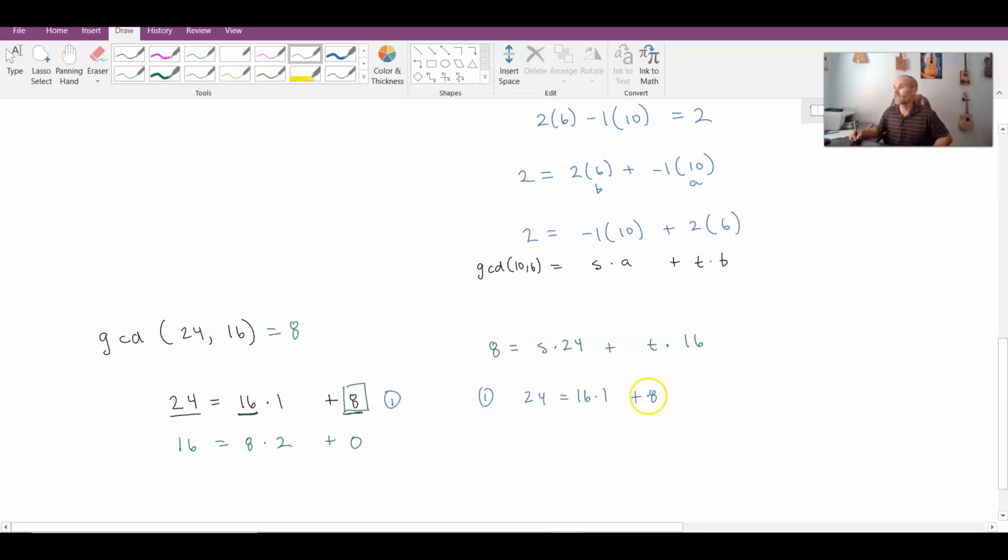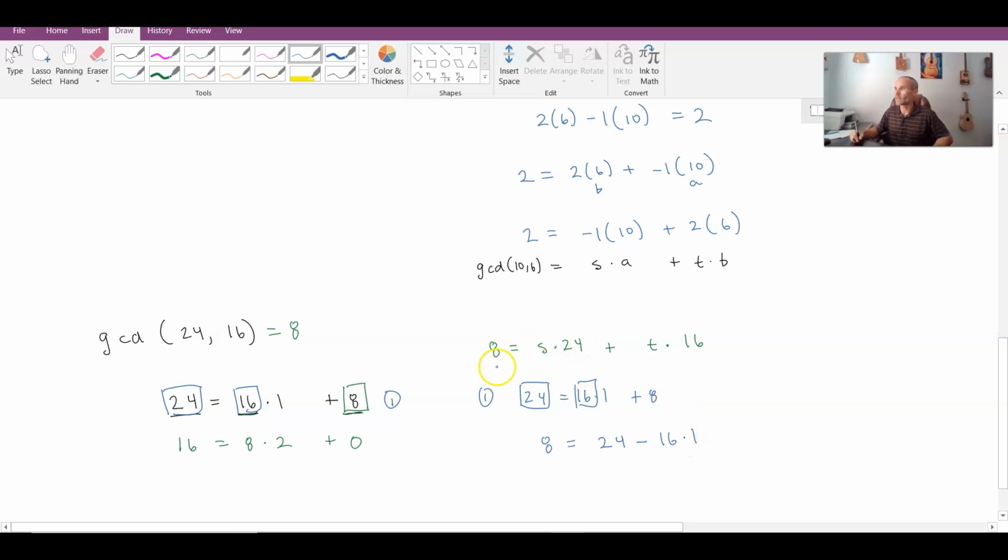Here I already see that what I'm keeping track of is the A and the B. I want to keep track of how many 24s and 16s there are, so I can rewrite this as 8 is equal to 24 minus 16 times 1.